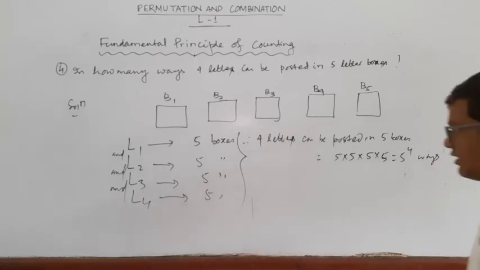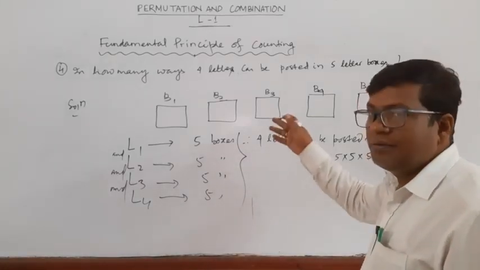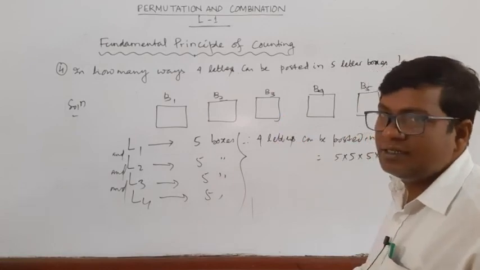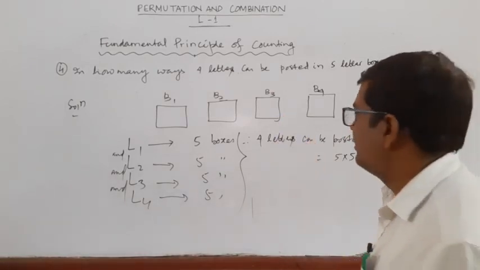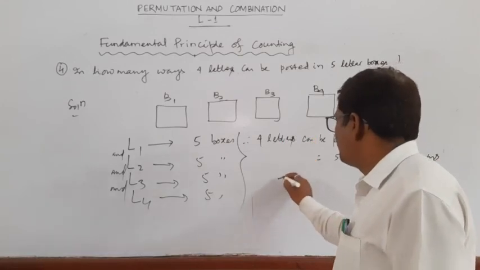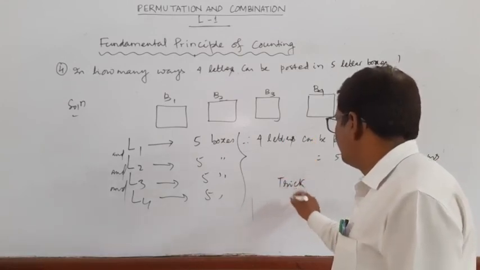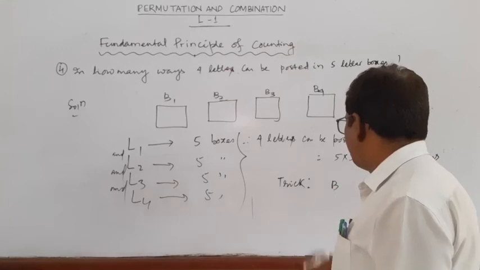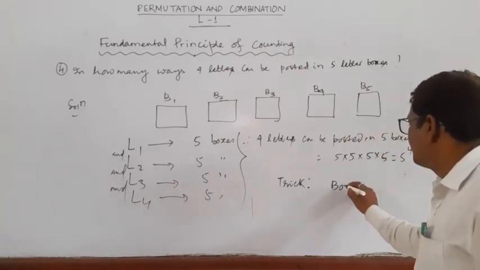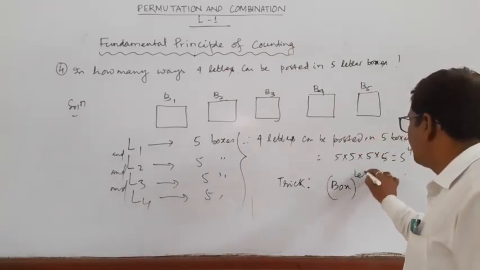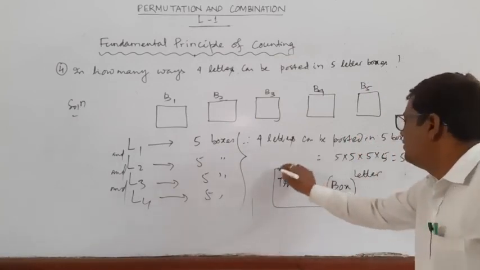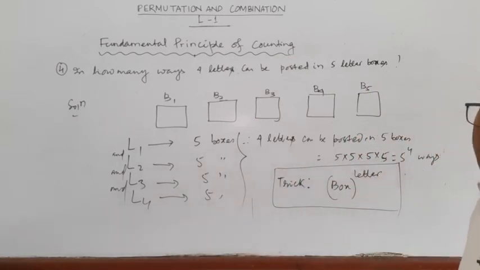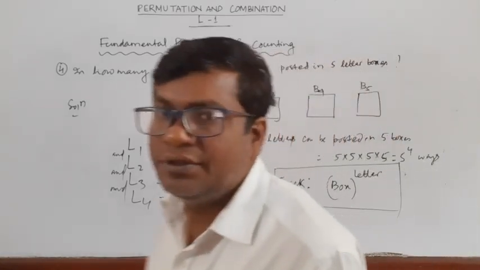One trick here: box becomes the base and letter becomes the power. Box to the power letter. This is the trick for letter and box problems.